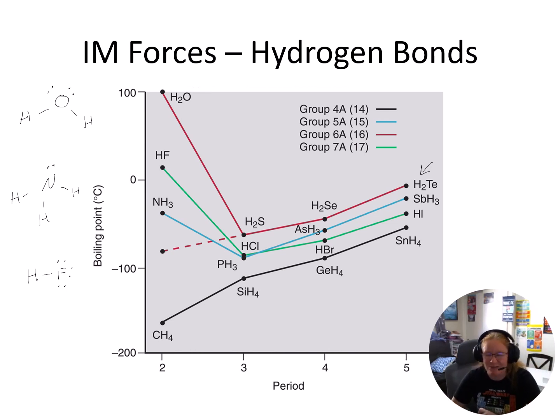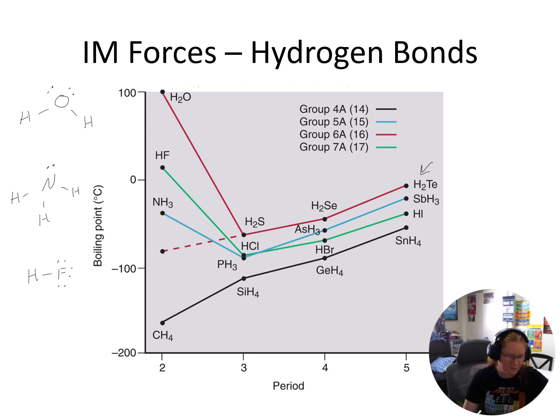So I don't get 4 simultaneous hydrogen bonds to every single molecule. So whereas those hydrogen bonds are strong, we're going to get stronger hydrogen bonding in water because 4 hydrogen bonds is a lot stronger than 1 or 2 or 3. Okay?